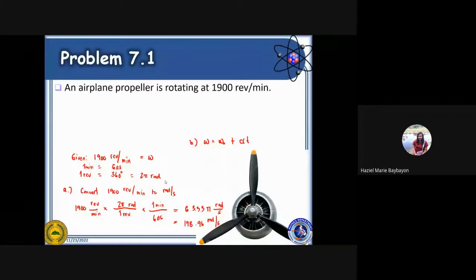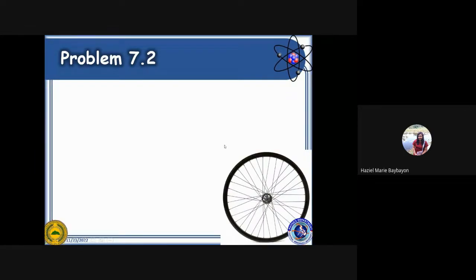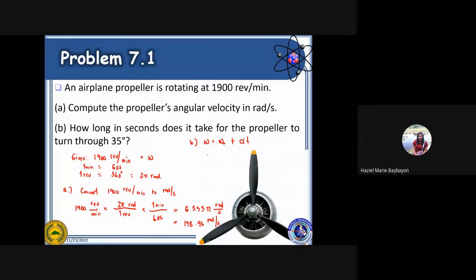So what was the equation? Okay, so di na siya ma-erase. So the equation that we can use is, pwede na gyud kini ang gamiton, no? Omega is equal to change in theta with respect to time. So the definition itself of omega, we can use it.